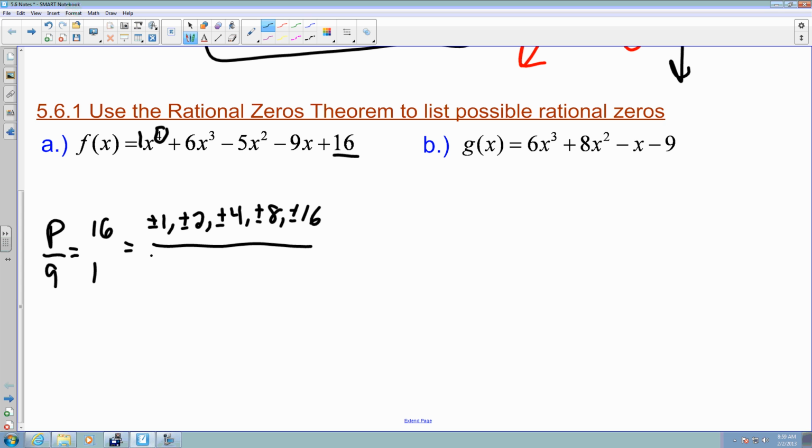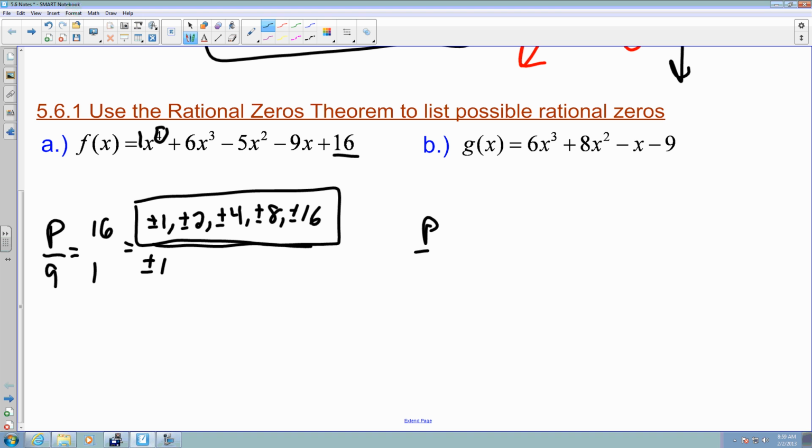Looking at the bottom, it can just be plus or minus 1, since all I have in my denominator is 1. So my list of possible zeros is plus or minus 1, plus or minus 2, plus or minus 4, plus or minus 8, and plus or minus 16.